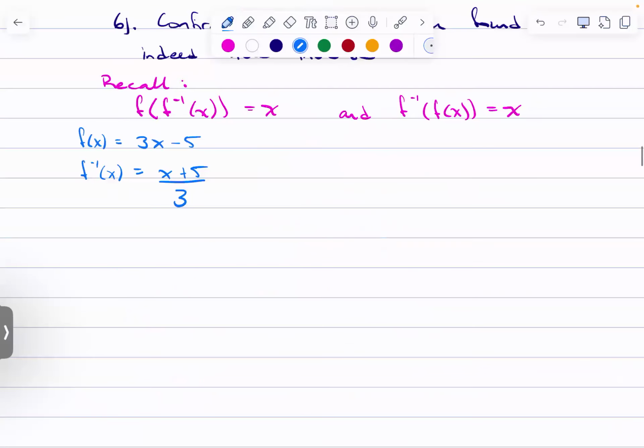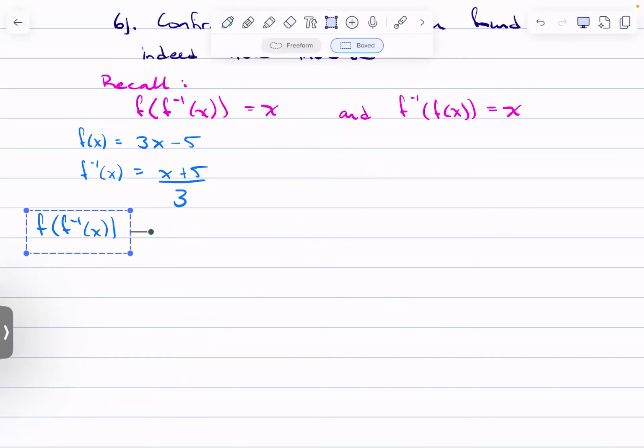Which means that f composed with the inverse as its input, the inverse function becomes the input, right? So this is going to be f at x plus 5 over 3. Wherever I see an x, I'm going to replace it with x plus 5 over 3.